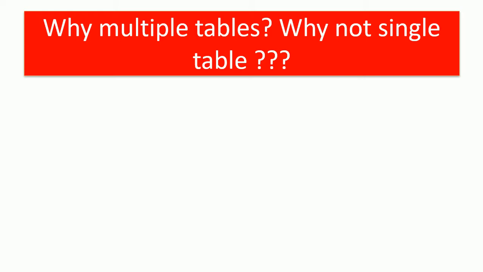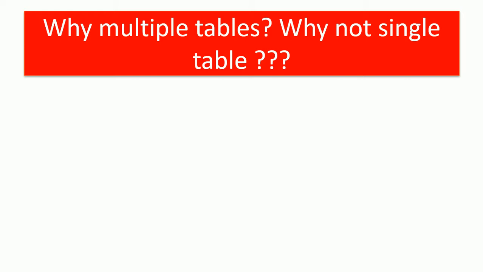But a proper student management system, or any management system, will have multiple tables, and each table will have related data together. We are going to find the answer to why these are accumulated in multiple tables rather than a single table.